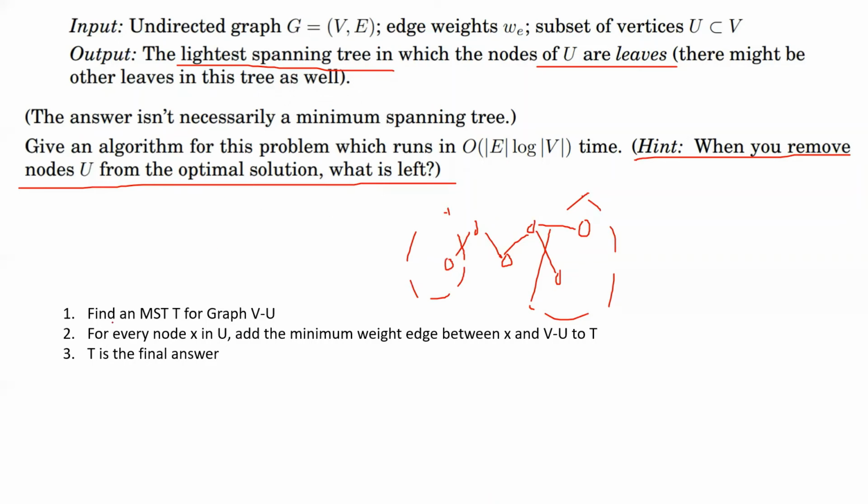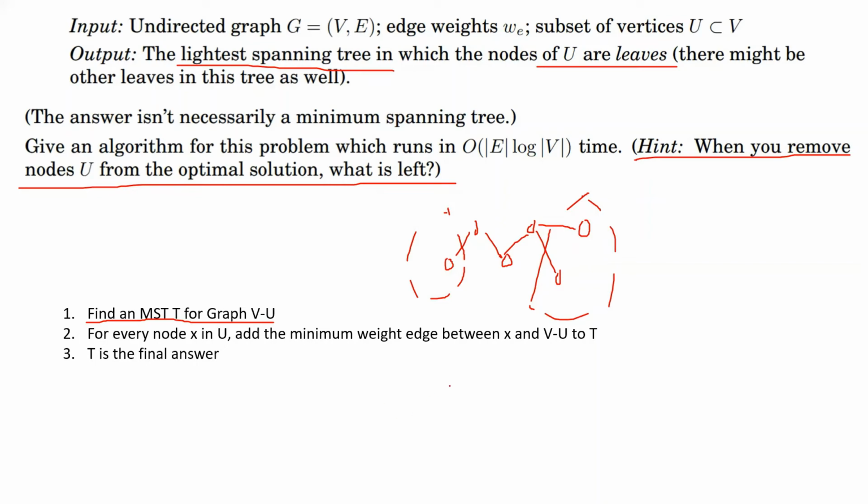You can first find an MST for the graph V minus U, which means deleting all nodes in U from V, and you find an MST.